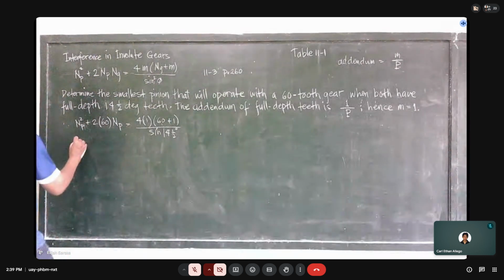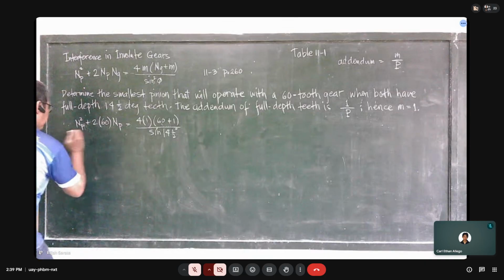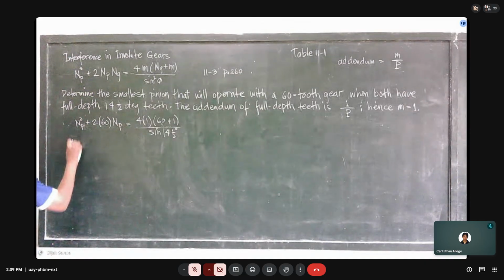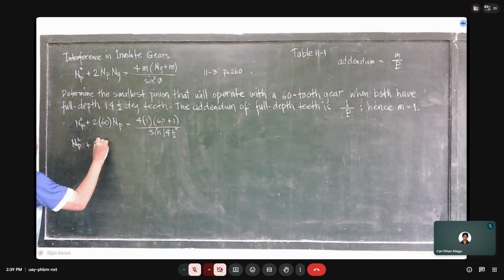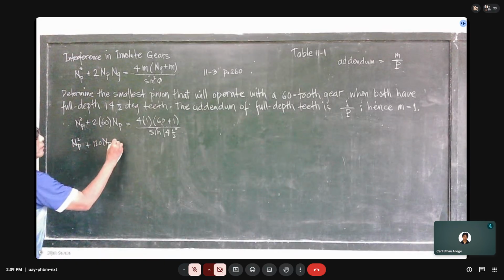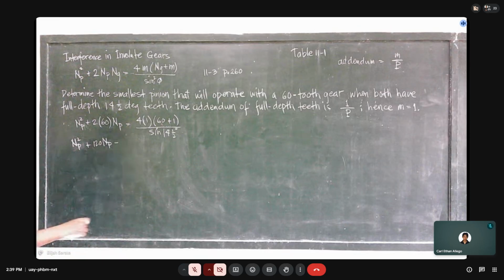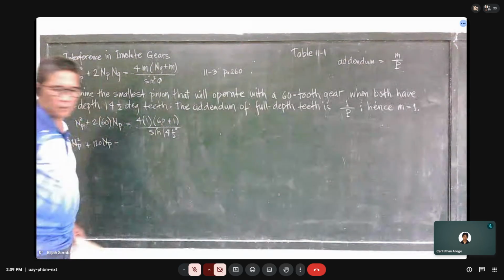I'm going to write it again. The equation would be the number of teeth of the pinion squared plus 120, times the number of teeth of the pinion, minus... I'll go back to it.